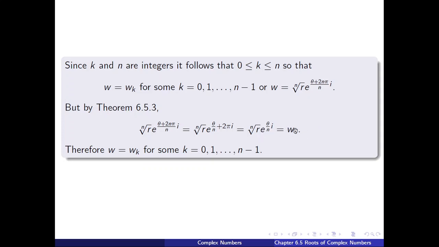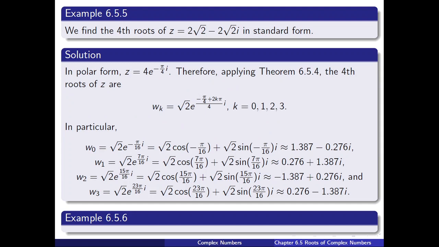So in other words, this case is already covered here, and so therefore w will be equal to w_k for some k between 0 and n minus 1. Right, so that was the first part of the proof, and as we mentioned, the rest of the proof is given as an exercise.